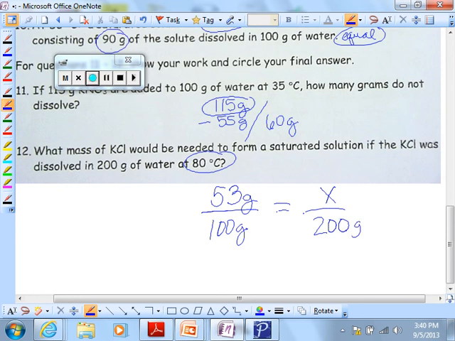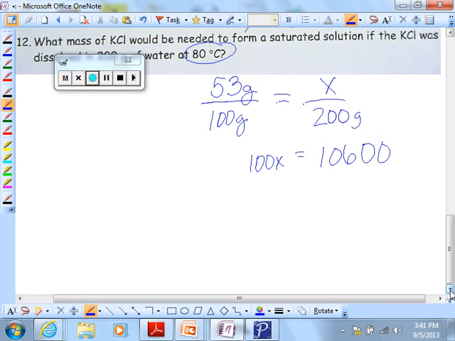Cross multiply. 100x equals 53 times 200, which is 106. So x equals 106, which is 53 times 2.